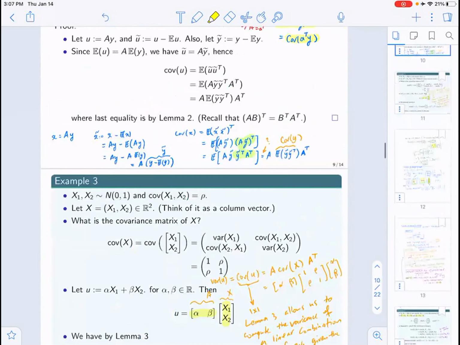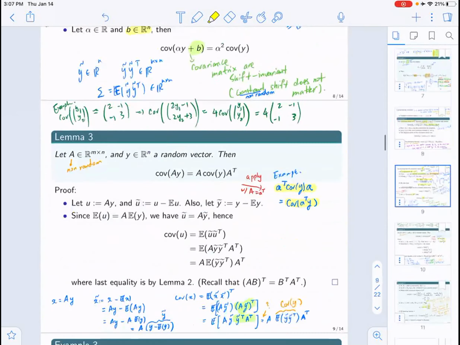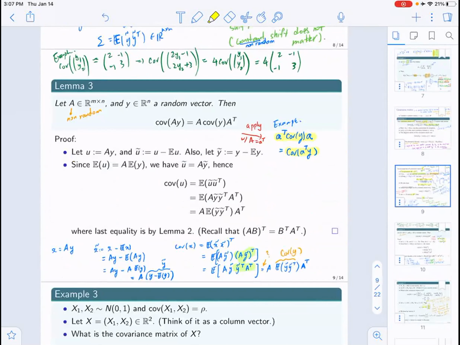Covariance of AY is A covariance of Y A transpose. You can also use the bilinearity of the covariance operator. That's another thing that hopefully you learn, which comes in handy.